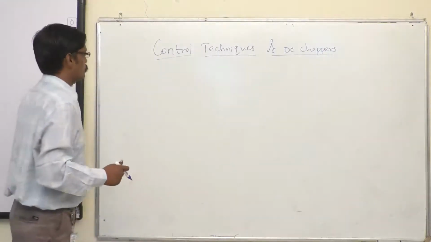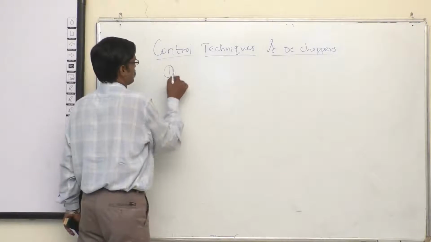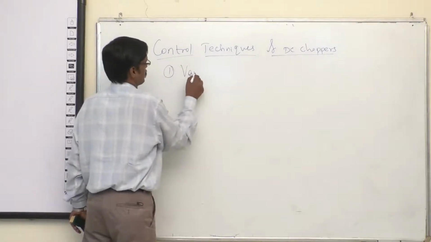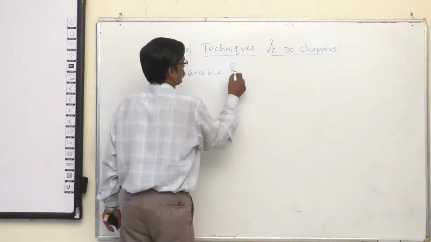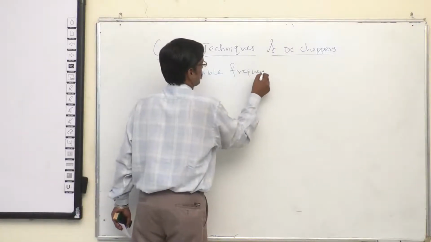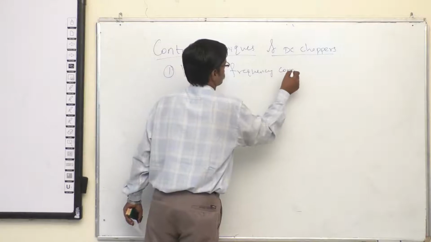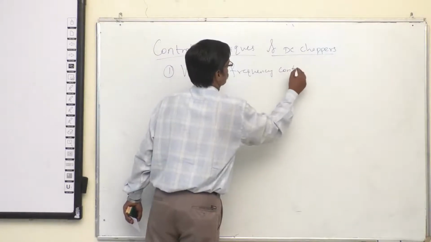Basically, we have two types of control. One is variable frequency control. Another one is constant frequency control.